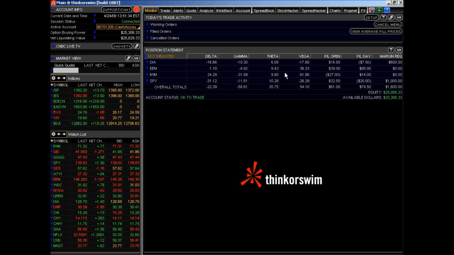The types of positions we put on normally involve the sale of a call and put as well as the purchase of a call and put. That's why our positions in delta and vega are relatively neutral, while our theta is positive, because we sell our options at a higher price than we're buying them. Normally these are considered credit spreads. And that's how we make our money.